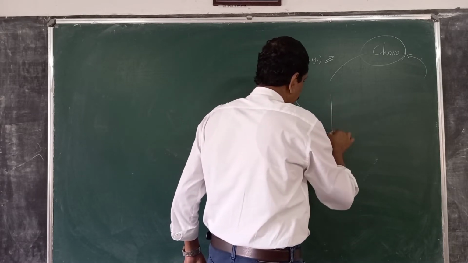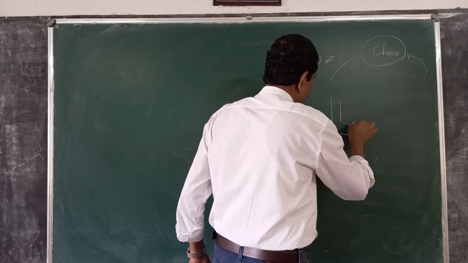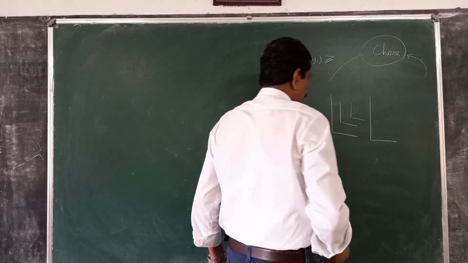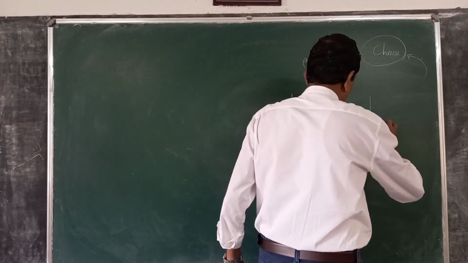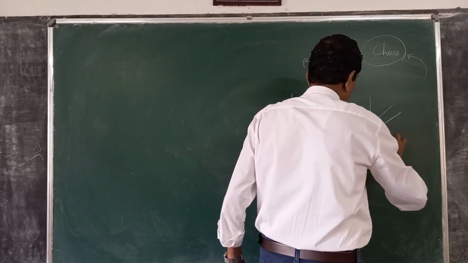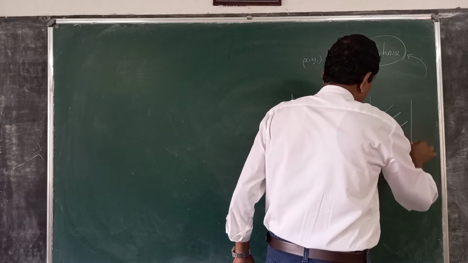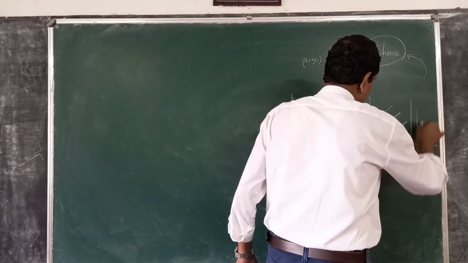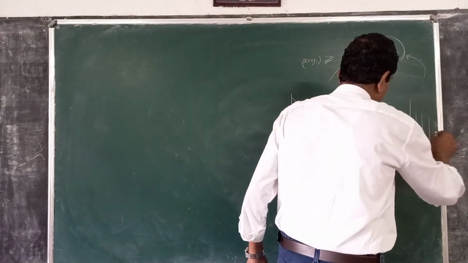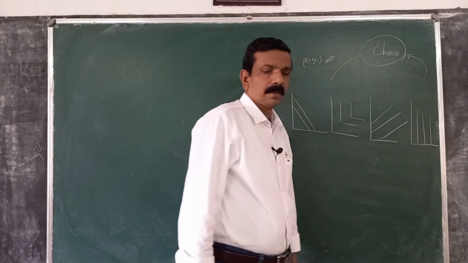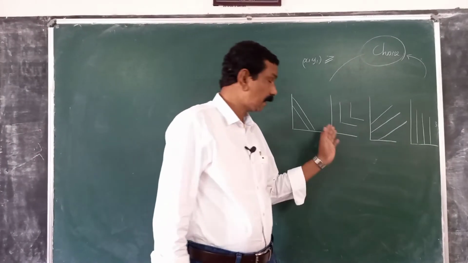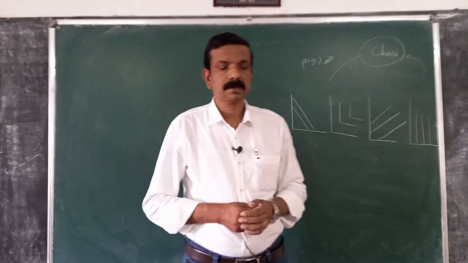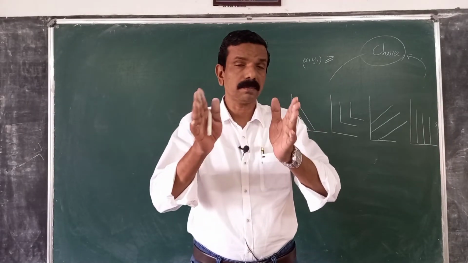If x and y are perfect complements, this is the shape. If y is a bad commodity and x is a good commodity, the shape is like this. If y is an inert ingredient and x is an active ingredient, the shape is like this. So preferences can be represented by indifference curves.